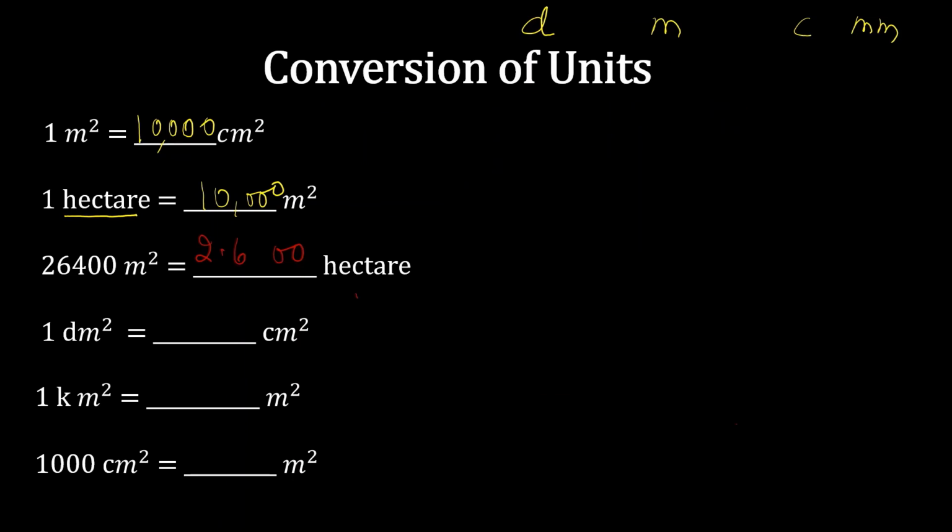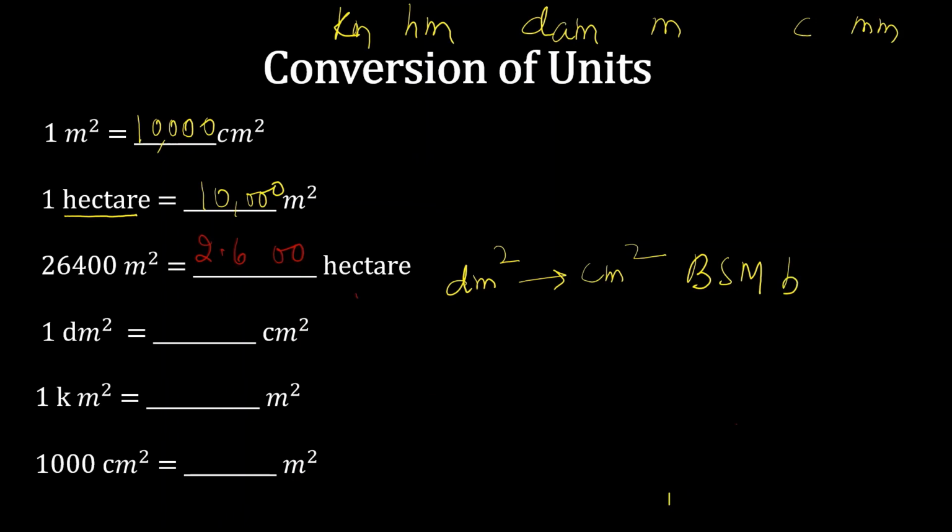Now let me rub this and write all these 7 units again. So kilometer, hectometer, decameter, meter, decimeter, centimeter, millimeter. Now here decimeter to centimeter, the first step is, always write, you have to convert from decimeter square to centimeter square. So decimeter to centimeter is big to small, BSM, big to small multiply.